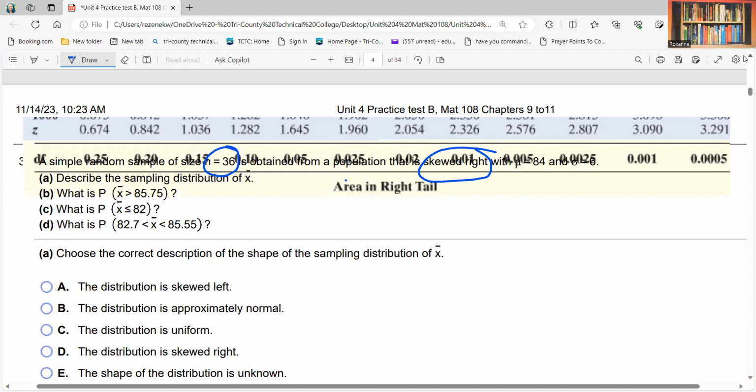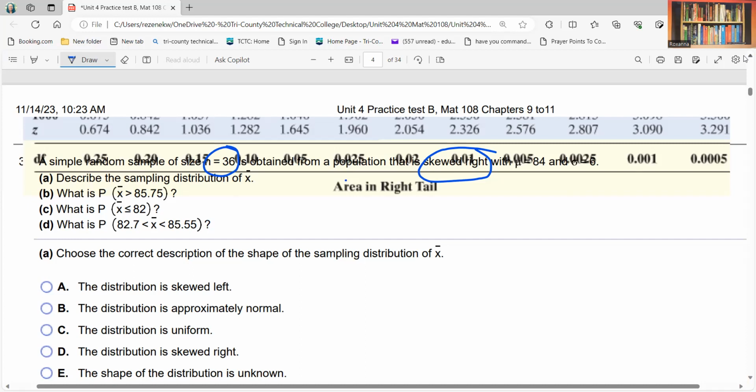But the central limit theorem says the data can be skewed right, skewed left, or normally distributed. The central limit theorem still applies. So skewed right does not matter. You still have to do the calculation. Is that clear? This question is in the test already.